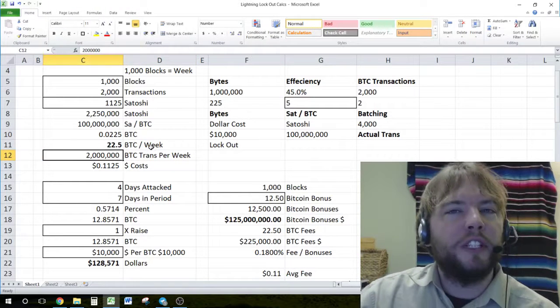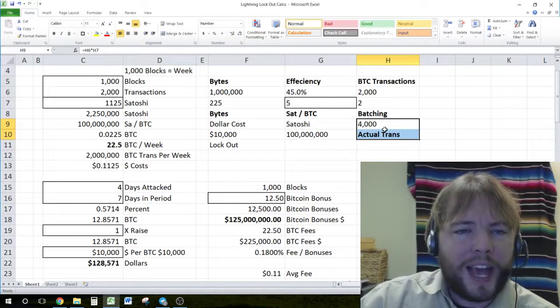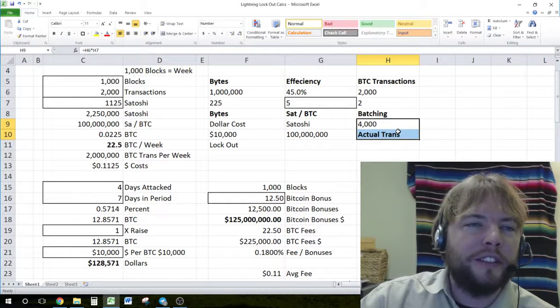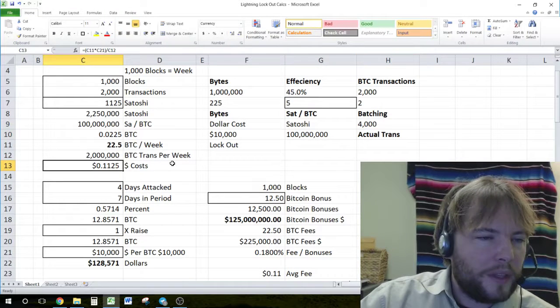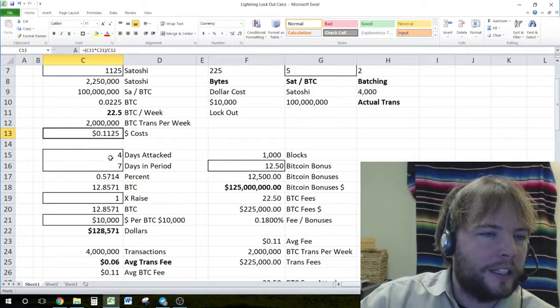The 2 million Bitcoin transactions per week can never change unless you increase block size. Actual transactions can effectively scale infinitely with increased sophistication of batching. Okay, got a dollar cost there.